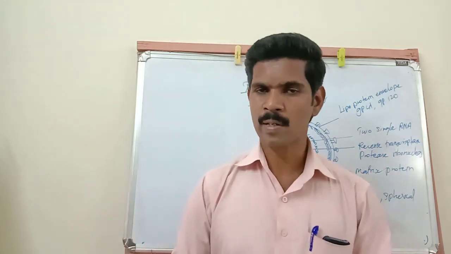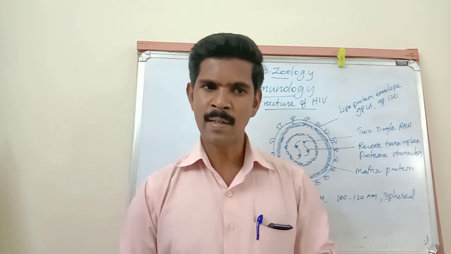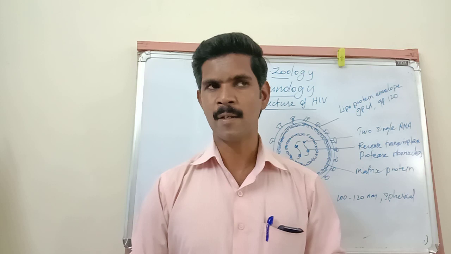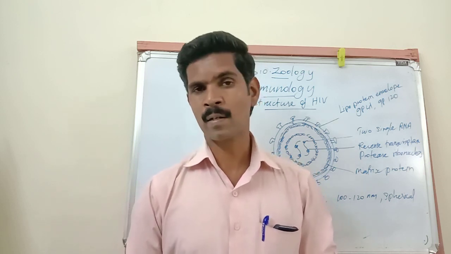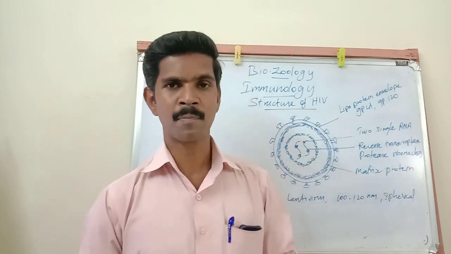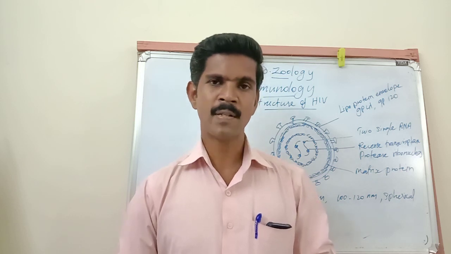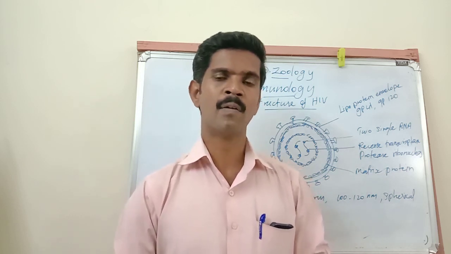First, we are going to study about immunodeficiency diseases. You all know our immune system is made up of many organs, many tissues, and many cells. So immunodeficiency disease means the failure of one or more components of our immune system.